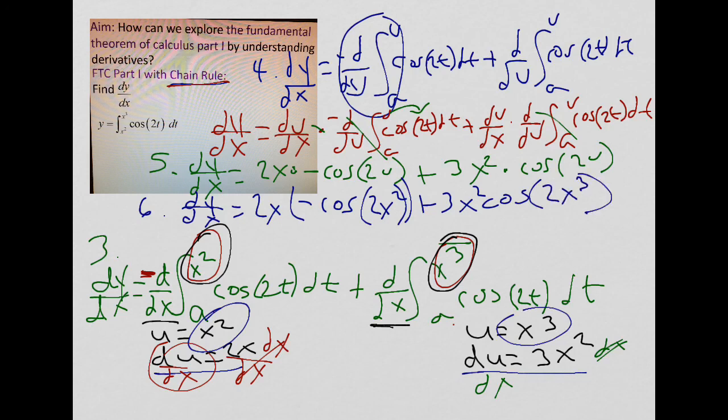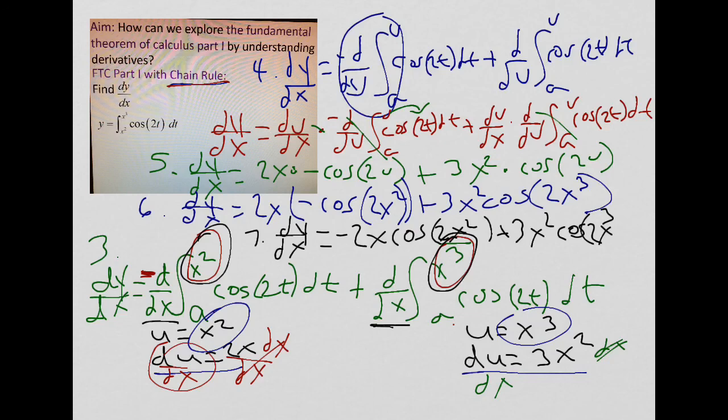So my final answer, dy over dx, just neatening up from step 6, is negative 2x cosine of 2x squared plus 3x squared cosine of 2x cubed. Okay, and then that's it. This is our end answer, so I'm going to try to box this.